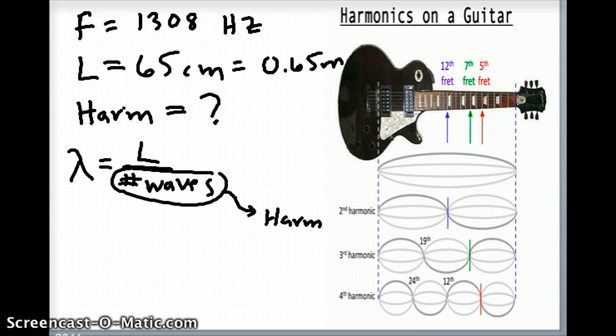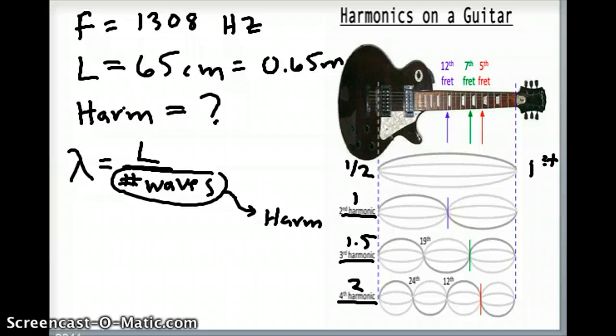If there's half a wave, that's the first harmonic. If there's one whole wave, that's the second harmonic. If there's 1.5 waves, that's your third harmonic. 2 waves, that's your fourth harmonic. So if we can figure out how many waves, that'll tell us what harmonic is being set up in the string.